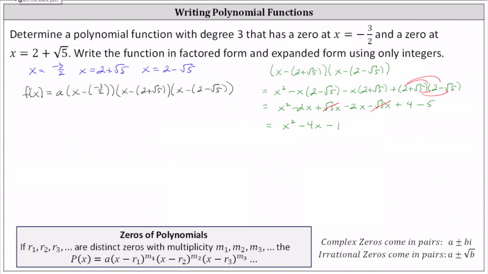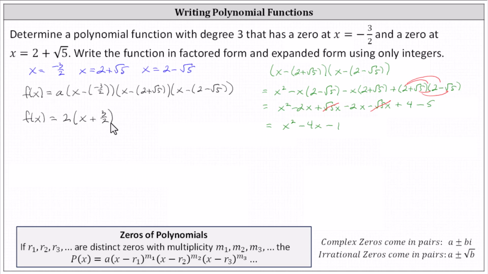Going back over to the polynomial, we have f of x equals, notice this first binomial factor simplifies to x plus 3 halves. To clear the denominator from the fraction, let's let a equal positive 2. Again, a can be any integer, but I'm letting a equal positive 2 to eliminate the fraction from the factor of x plus 3 halves.